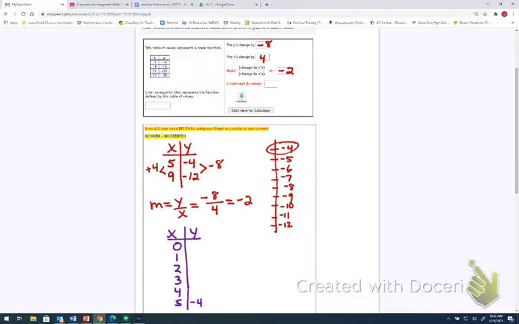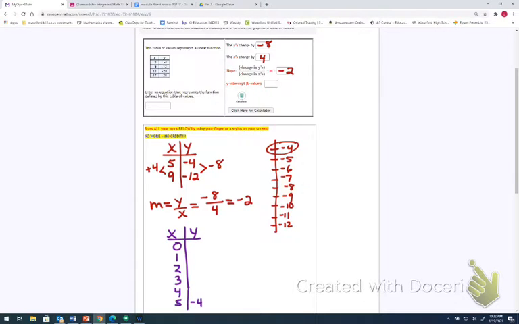Now, I know that my slope is negative 2, which means that we're subtracting 2 every time. In my table, can you see that I need to go backwards? Well, I need to know what's backwards of subtracting 2, which would be the opposite of subtracting 2, which would be adding 2.